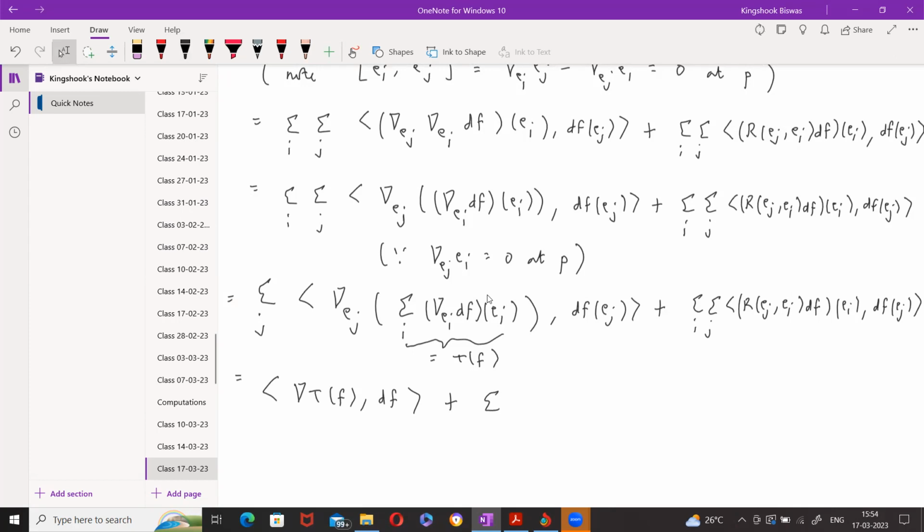I have a sum over IJ. This curvature term, there were two terms, right? One was a sum over K. So I've forgotten the formula. Let me just check.